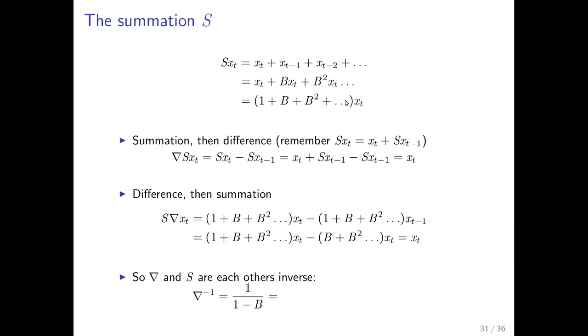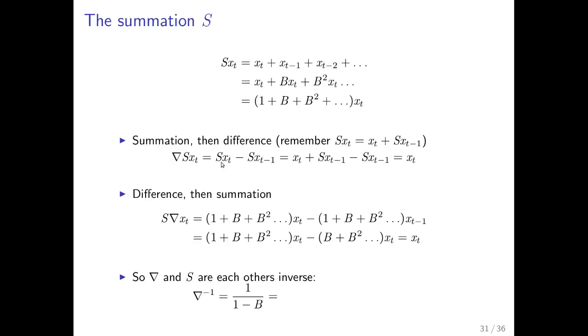If we look at the summation and compare with the difference, the summation of xt is equal to xt plus the summation of all the previous ones. That's kind of obvious, but it helps us to look at it if we first do the summation and then the difference, like it's written here.